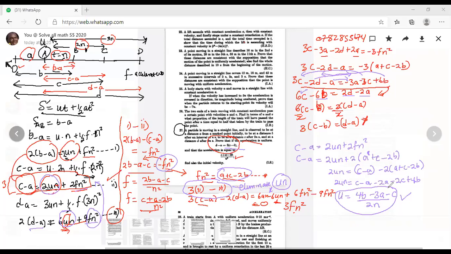Excuse me, sir. Yes, please. I was asking, can we use any of those equations of those different distances to get the initial velocity? Yes, you can use any other. Do you want me to show you the first one? Let me use equation 1.